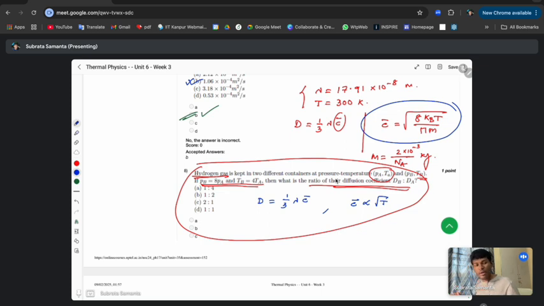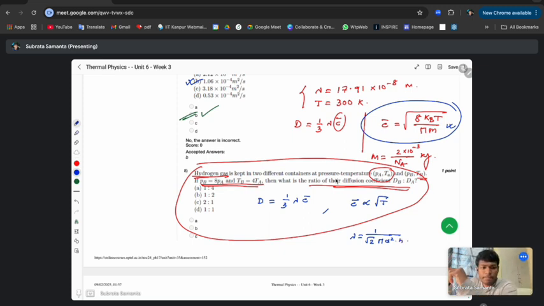Now how does lambda depend on temperature and pressure? From these expressions you see that the C average does not depend on pressure. It depends on T, and M, Kb, pi are constants. What is the expression of lambda? Lambda is 1 over square root of 2 pi d square n.